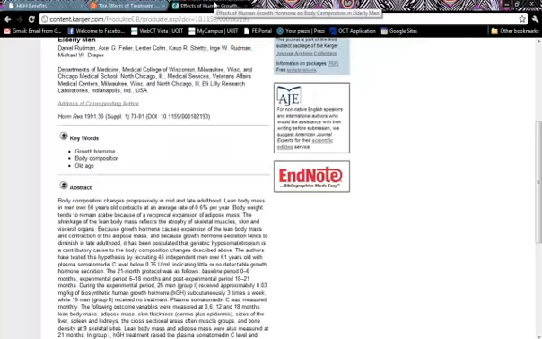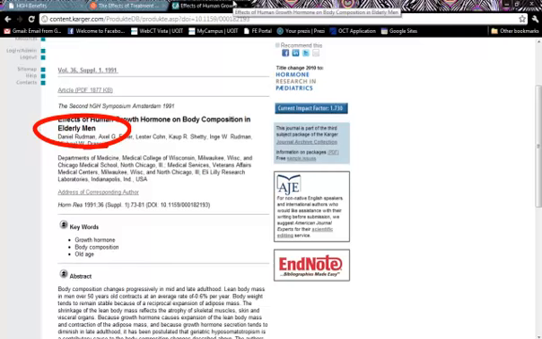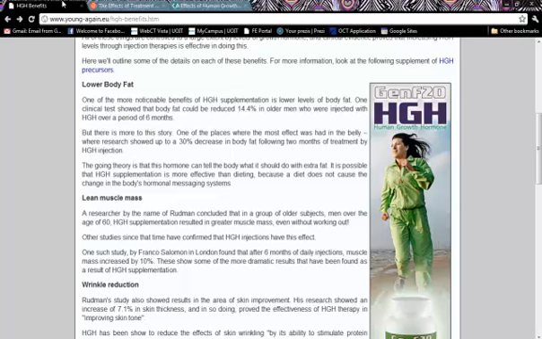And the second study is on elderly men, which again, elderly men have significantly less growth hormone being secreted than a youth or a middle-aged adult, so their findings may not be relevant to your typical HGH user or high-performance athlete.